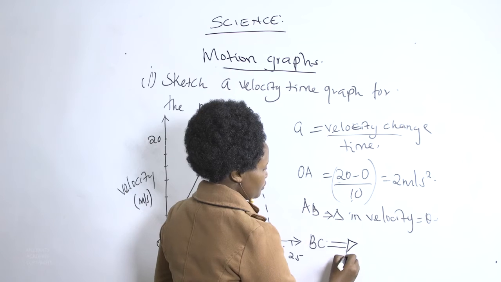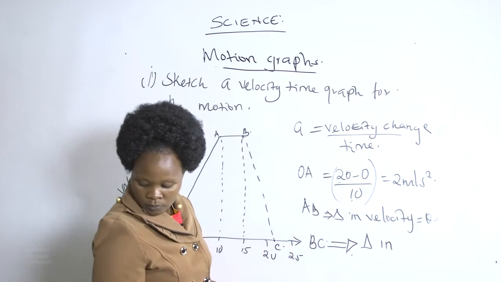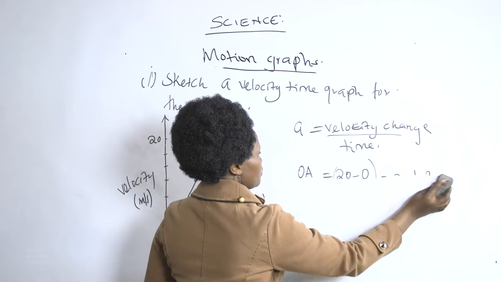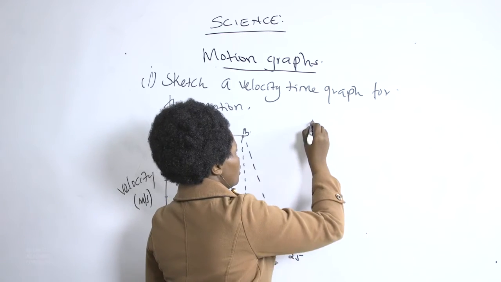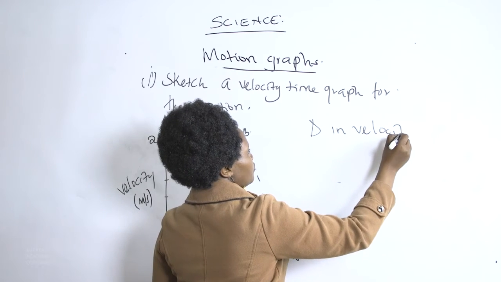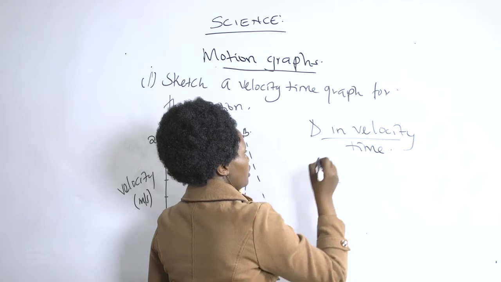Therefore, we divide the change in velocity by the time taken.